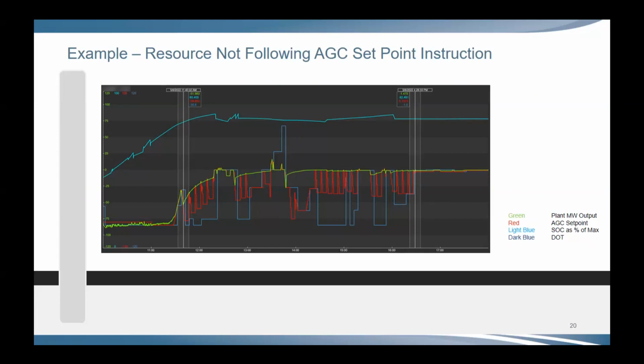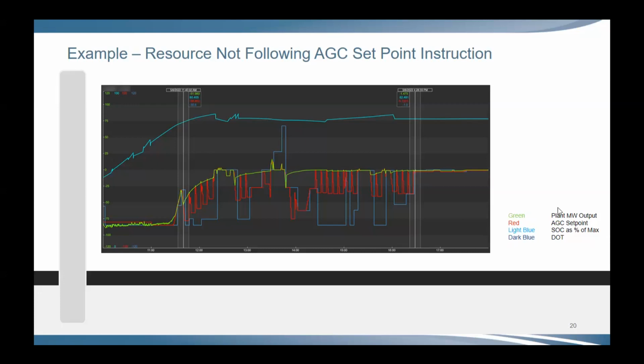In red there are the AGC instructions, but you can see that the green, which is the plant megawatt output, is missing the mark a lot of the time with the dispatch operating instructions, especially around the 1340 area. And then you also have the state of charge as a percent of max. So you can see how this is problematic if we're expecting resources to be able to perform and they're not following their dispatch operating targets.